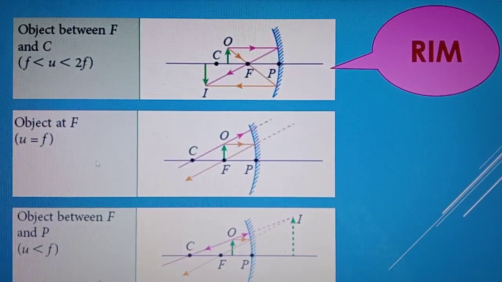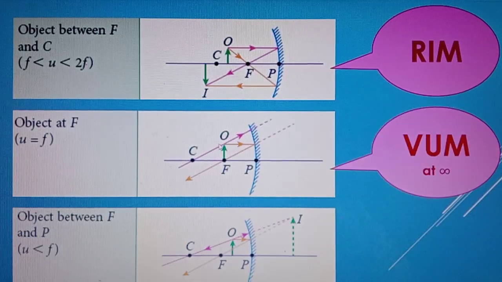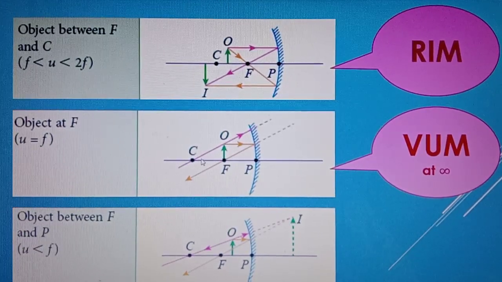And this one, U equals to F. Put the object at F. Parallel light rays parallel to the principal axis reflect, pass through F. Okay, from C, reflect along the same path.